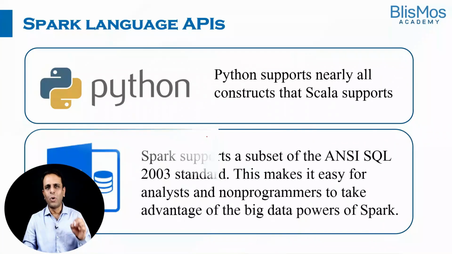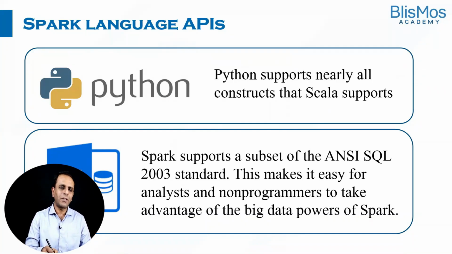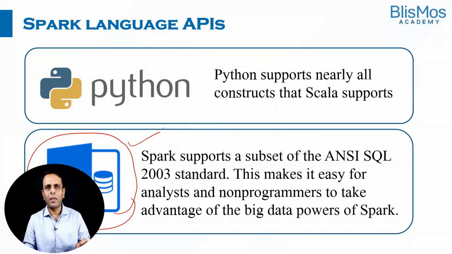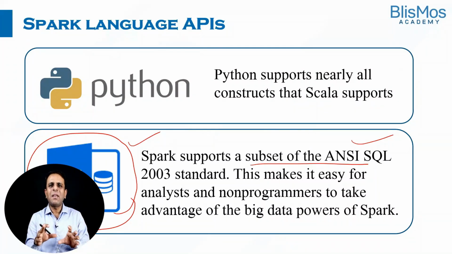The next one is most important, and really loved by data analysts: SQL, a very widely used language in the data world. Spark uses a subset of the ANSI SQL 2003 standard. This enables most non-programmers and analysts to write SQL code and execute tasks on Spark for data processing.